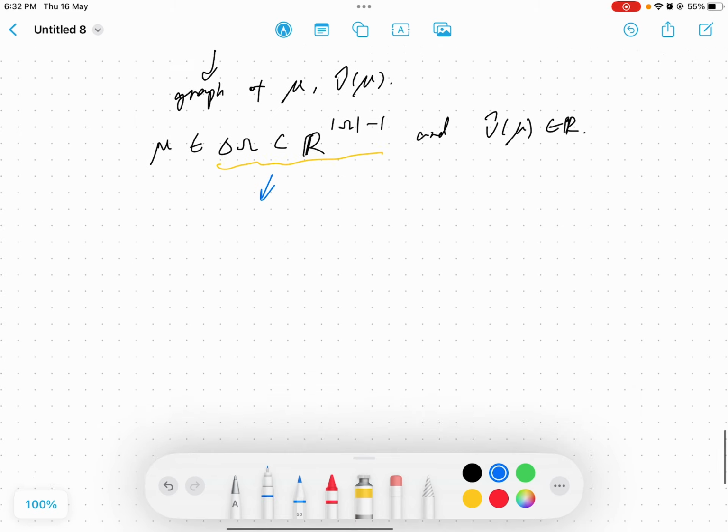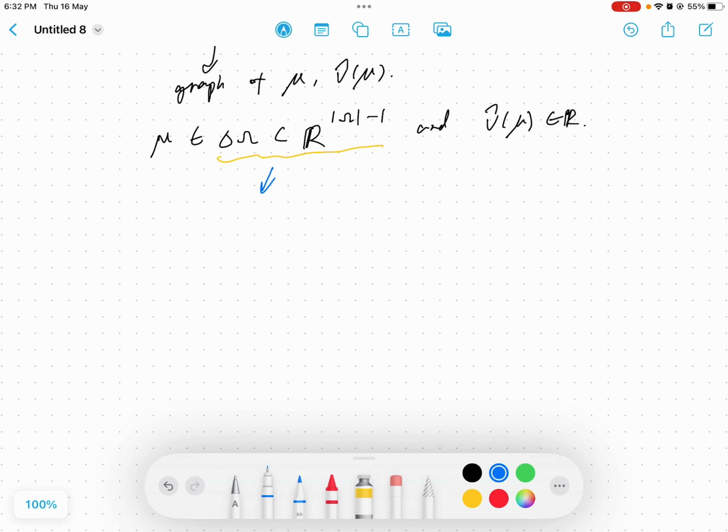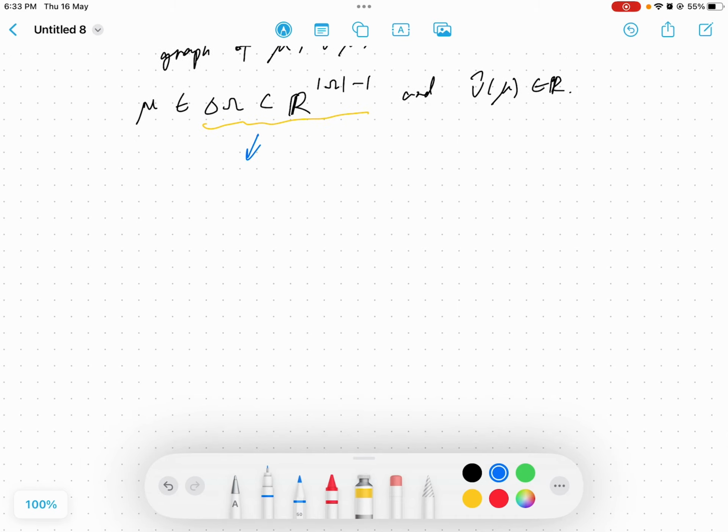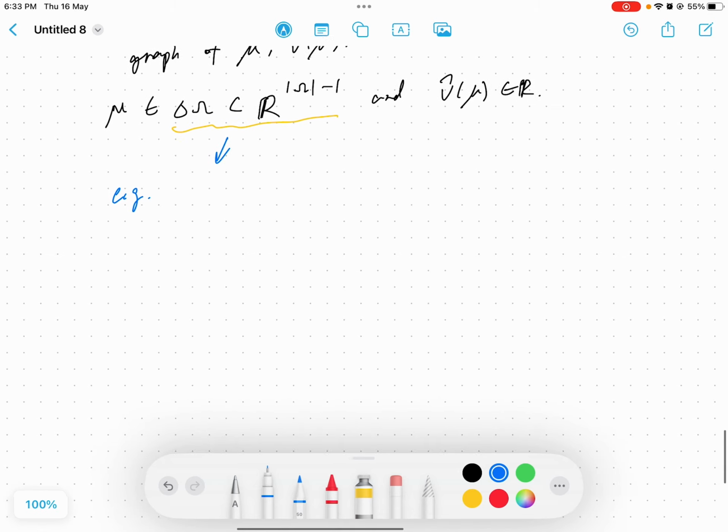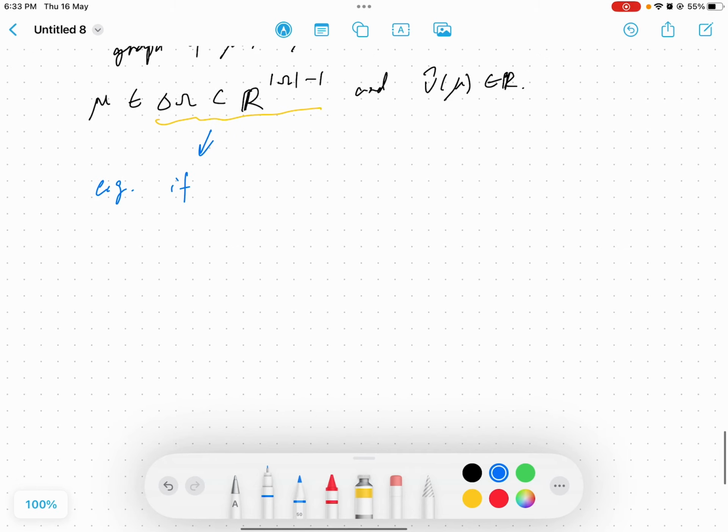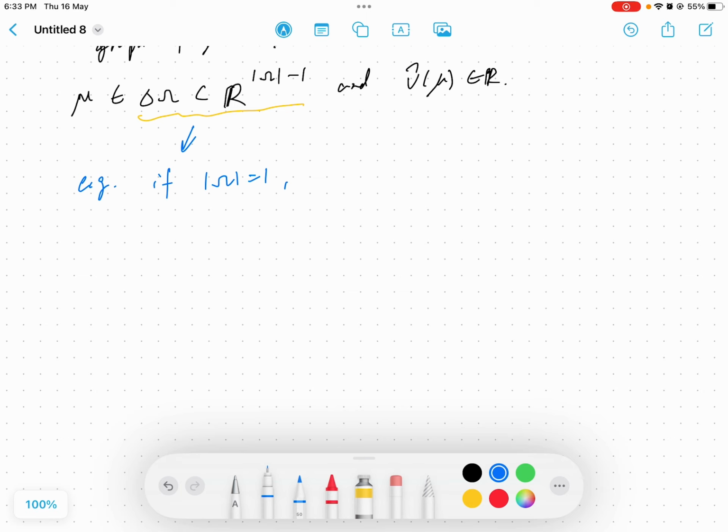So now let's show this part. Why is this true? Why does a set of distributions have a dimension of the cardinality of omega minus 1? Let's have some simple examples first. If omega only has one element, then we don't need to actually find the delta omega, because omega now is deterministic.